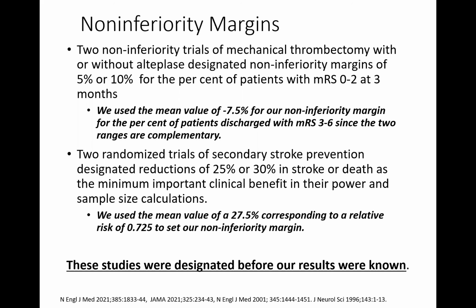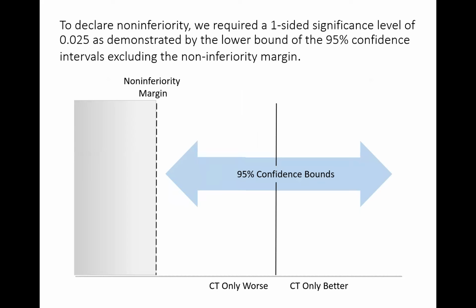So how does this work? It's really very rigorous. You set your non-inferiority margin, and then you look at the 95% confidence bounds of the difference between the two groups. The lower bound of the 95% confidence bound, that is, the lower bound for the study you're trying to show is worse, has to be above the non-inferiority margin.